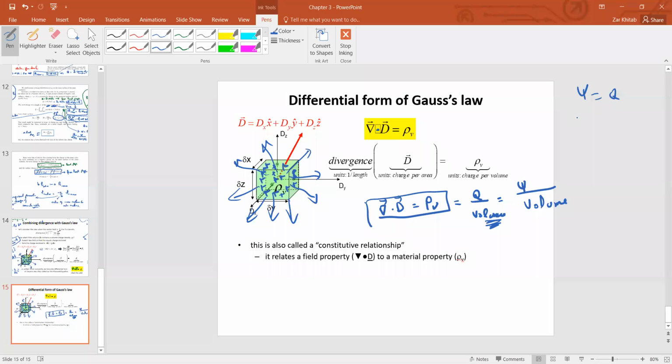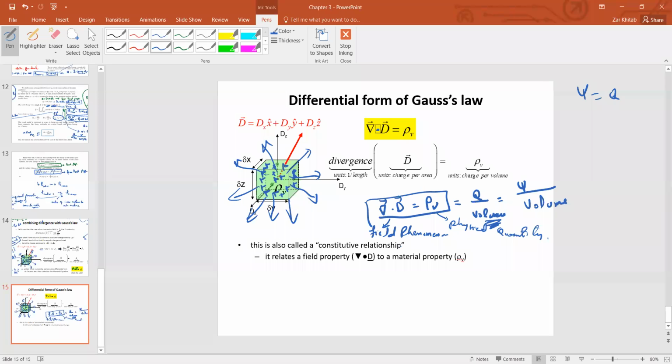Yes, sir. Such a relationship, look, this one is again the field property, field phenomena, and this is a physical quantity.